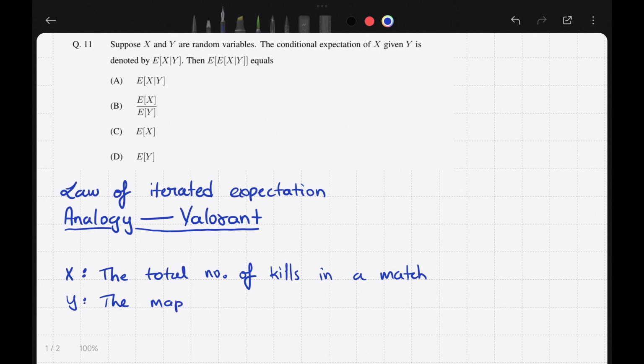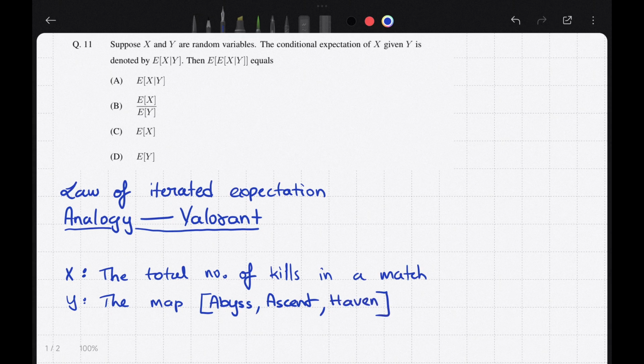Okay, and for this specific explanation, I will only consider three maps. So it can either be Abyss, Ascent, or Haven.